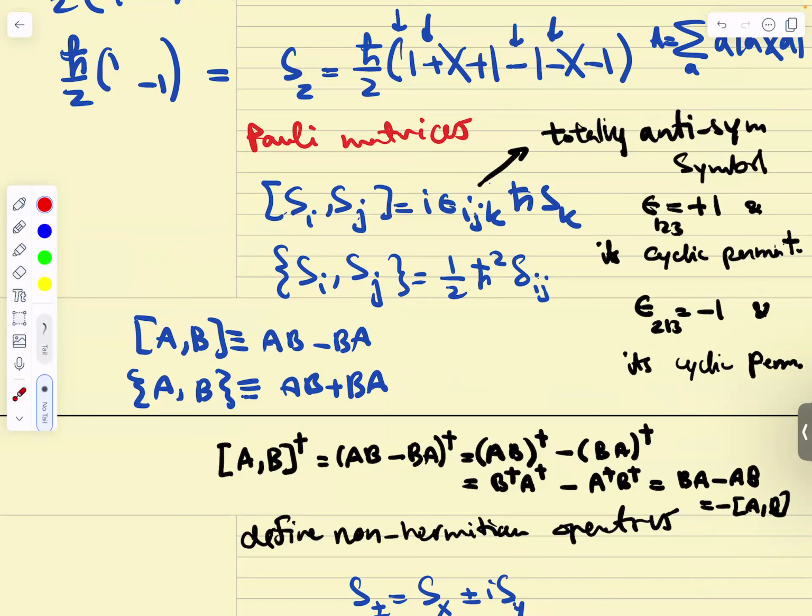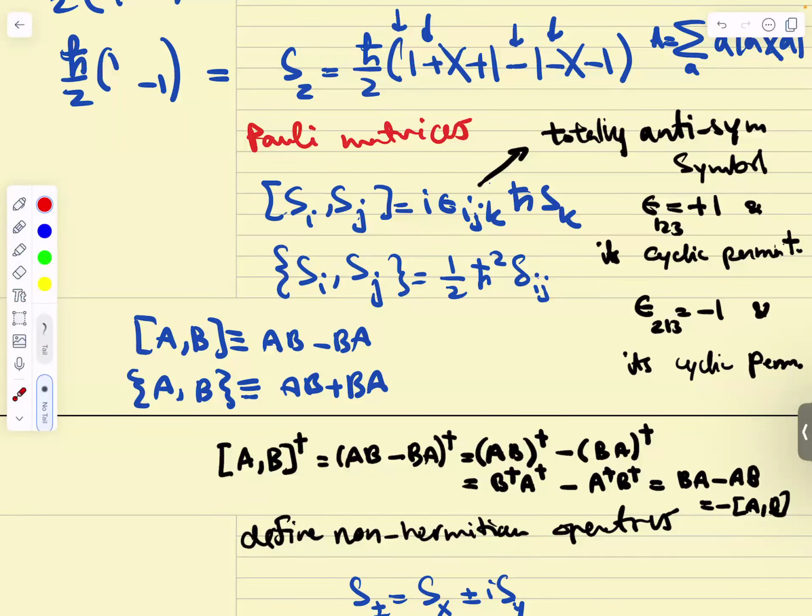So the commutator of S_i and S_j is i h bar S_k epsilon_ijk. Epsilon_ijk is a totally anti-symmetric symbol. It's a tensor with 3 indices, and the convention is that 1, 2, 3 is +1, and all its cyclic permutations are also +1. 2, 1, 3 is -1, and all its cyclic permutations are -1.